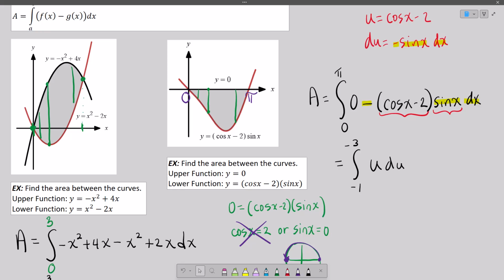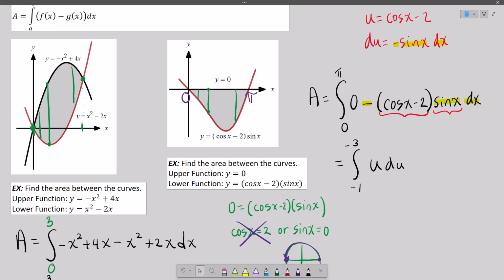You would then have one integral that would be a positive 2 sine x, which you can integrate immediately. But then you would also have a sine times cosine in there, which you would have to use substitution for. Or if you want to be fancy, you could use a double angle formula and then do an integration with a reverse chain rule. That would also work. So lots of ways.